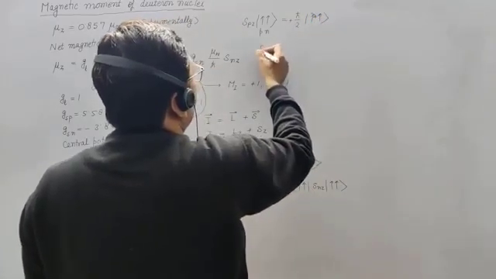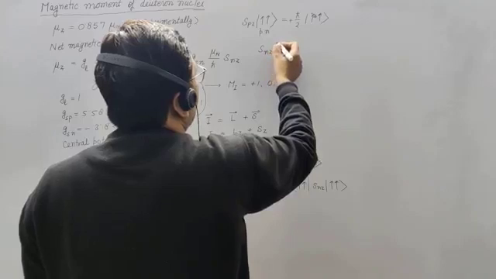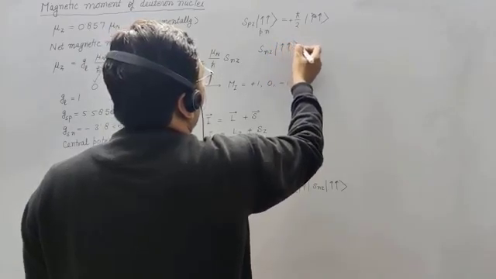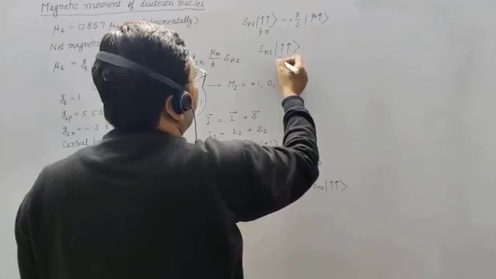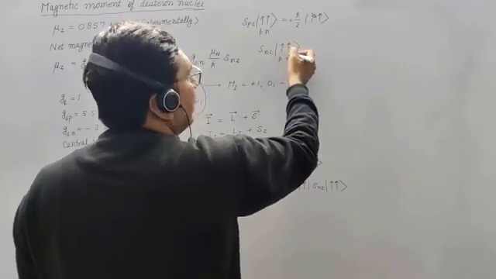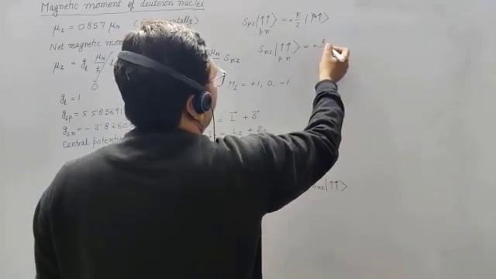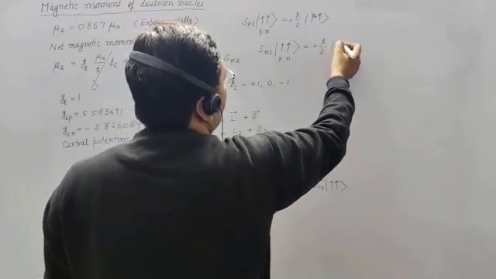Now the second will be SNZ. This is the spin operator for the neutron, so it will operate on this neutron. This is again in the upward direction. It is in the up state, so this will again be this one.